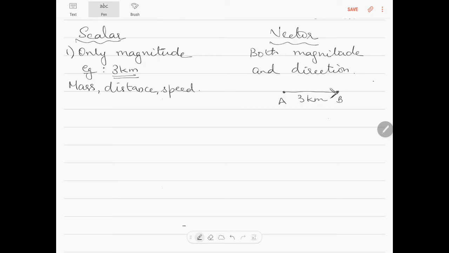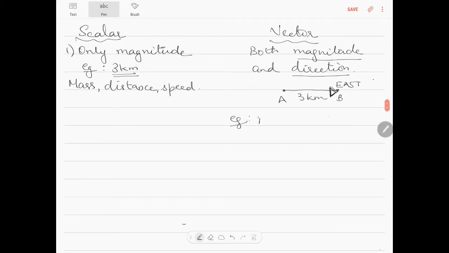A vector quantity is always represented by an arrow. We can say it moves towards the east, so it is given with magnitude and direction. Examples of vector quantities are displacement, velocity, force, and so on.